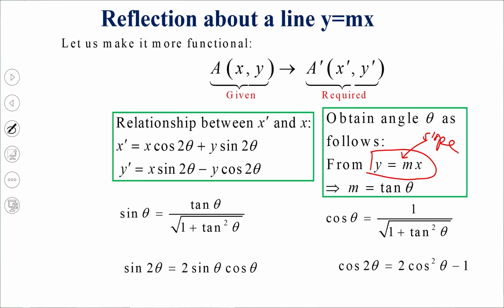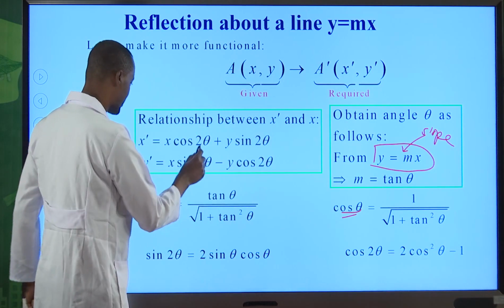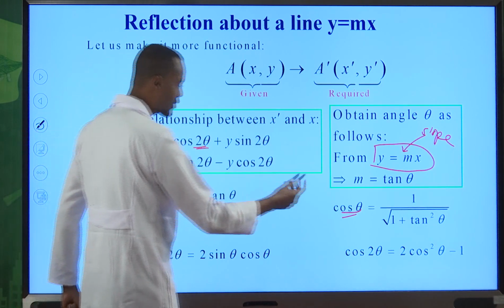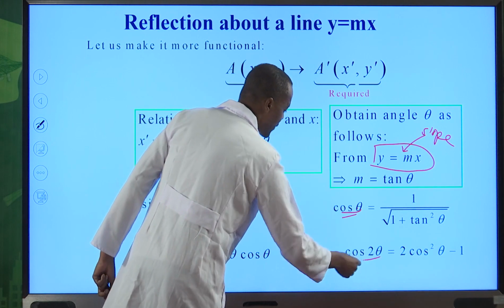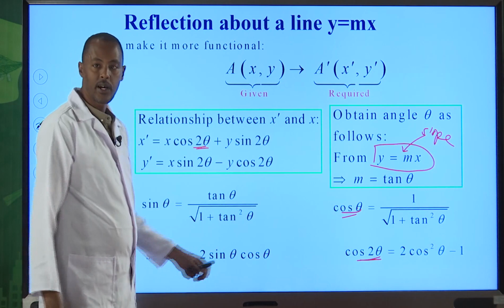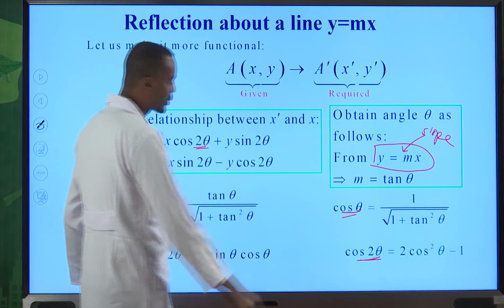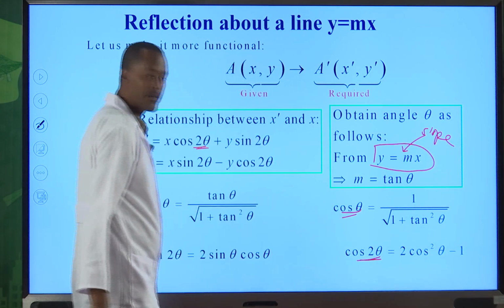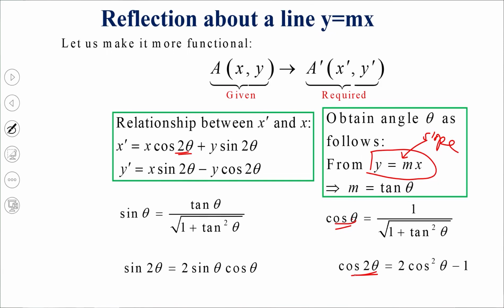Because cosine of theta is not appearing in our formula, but rather cosine of twice theta, we have to have a way to convert this cosine of a single theta into cosine of twice theta, and that is the way we have to convert our angles in such a way that finally we can plug into our formula not cosine of a single theta, but twice of it. The same applies for sine, and we have to use the formula that you see here.